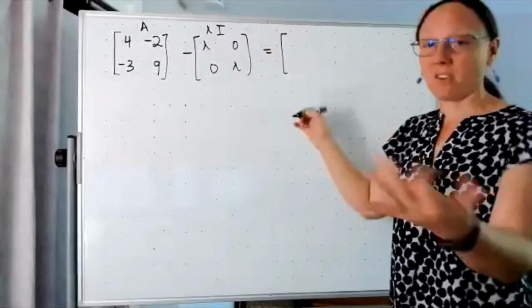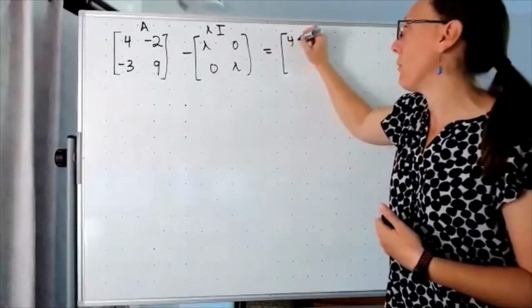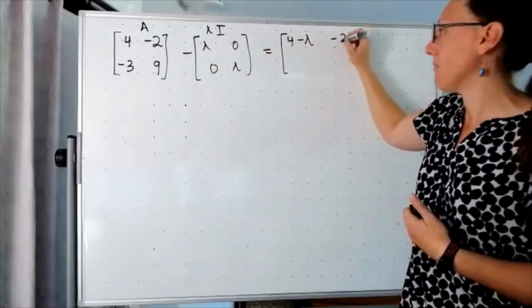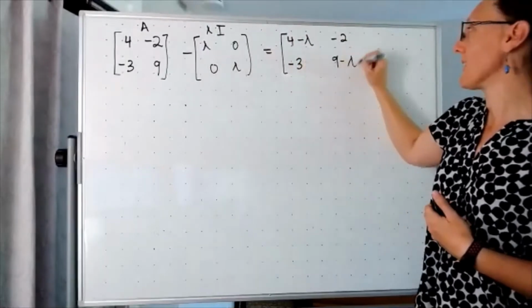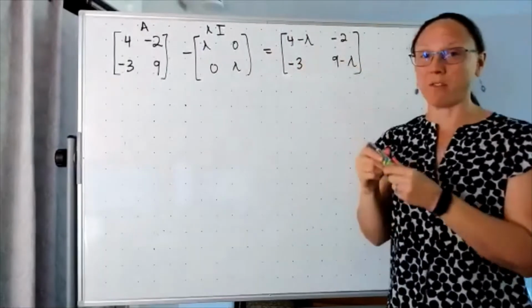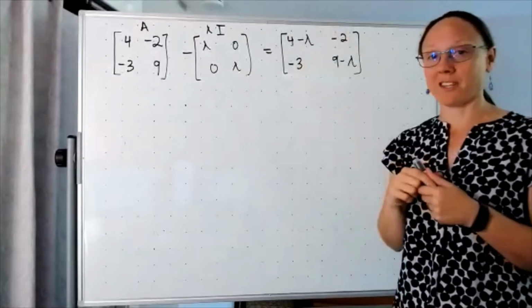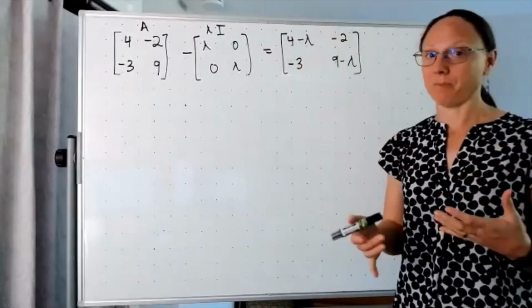So when we put that all together, we get 4 minus lambda, -2, -3, 9 minus lambda. And really for the rest of the problem, this is the matrix that we're going to be referring back to.